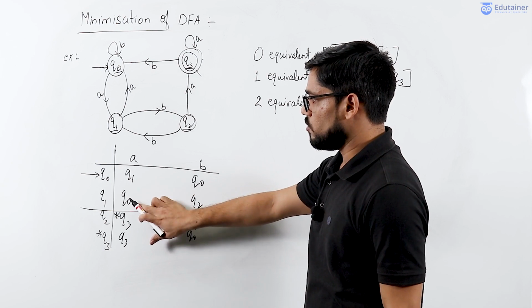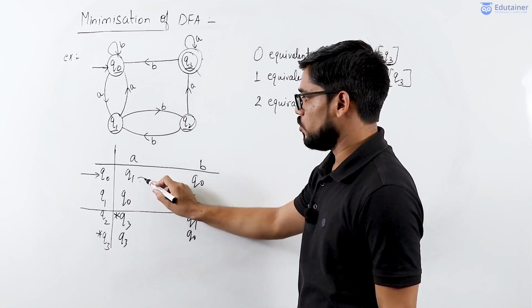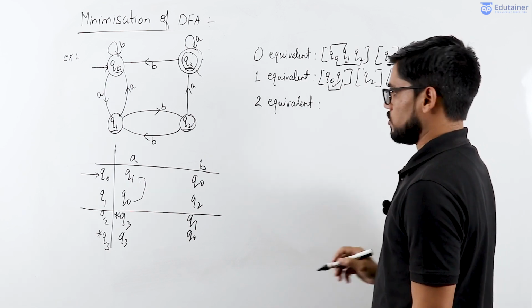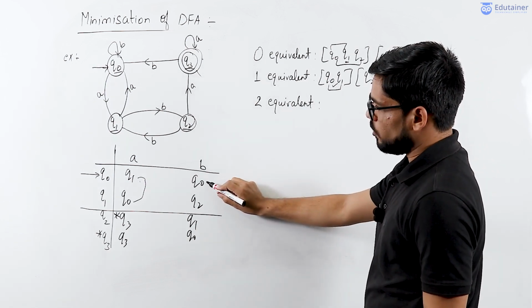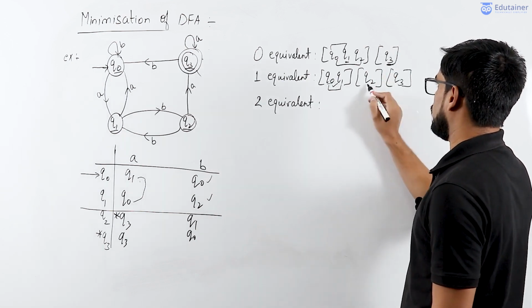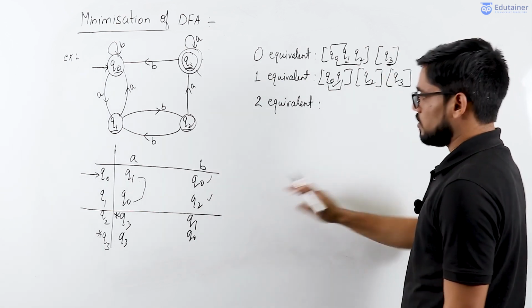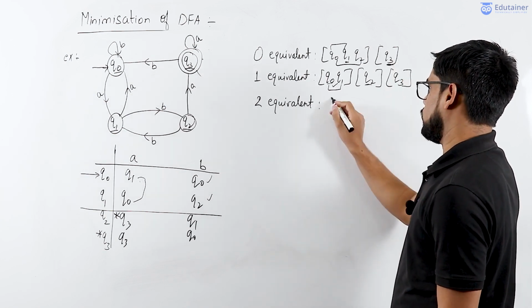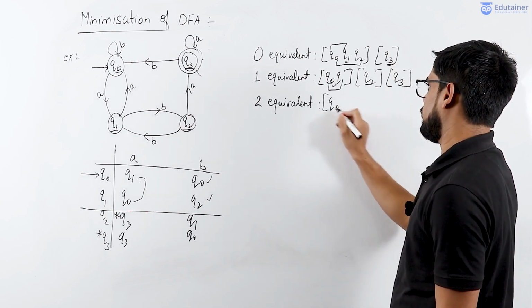On small a, it will go to Q1 and Q0, which are in the same box. And on small b, it will go to Q0 and Q2. That means they are also separated in the two equivalent sets. So they are separated.